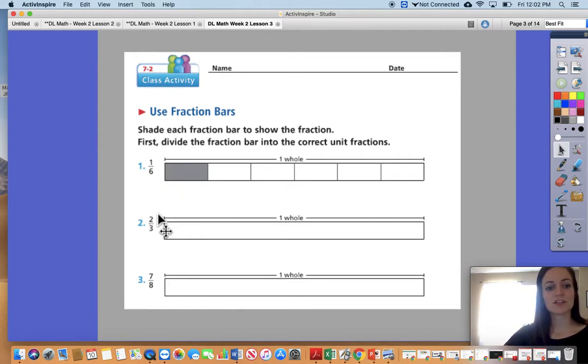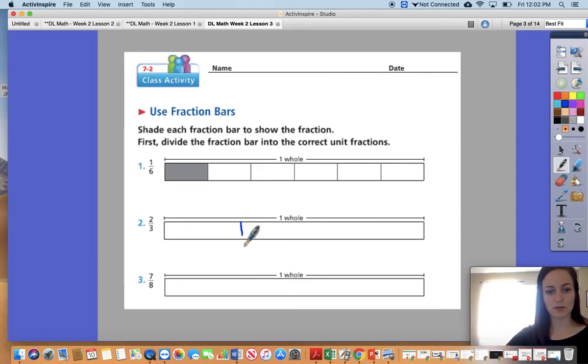Okay, so for this next one, they want us to show 2/3. Well, first things first, we need to look at the bottom, the denominator first, to tell us how many pieces we need to break this apart into. If I look at the bottom, it says 3. This is 2/3. So I'm going to break this whole up into thirds, okay? Now this one, it's kind of tough to do thirds. You have to kind of eyeball it.